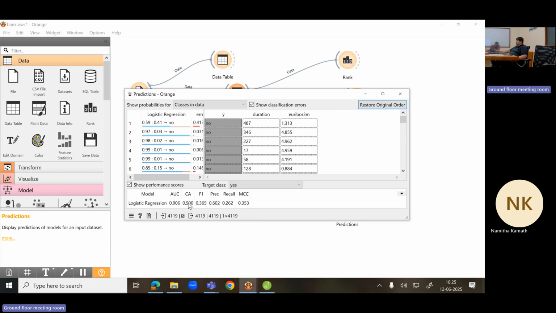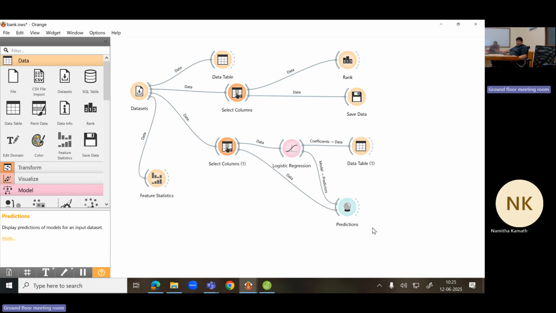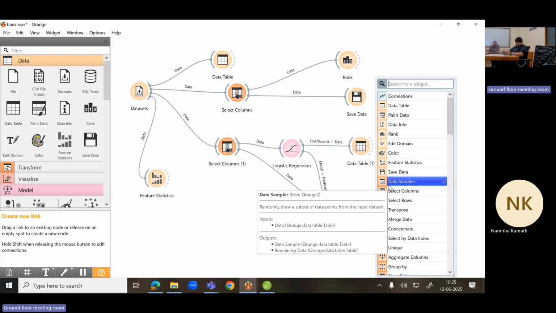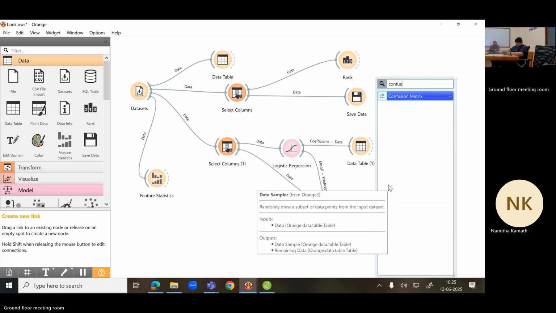That means it is 90% accurate. How does it assess that accuracy? What is this classification accuracy? Let me tell you like this. From predictions, you can go to something called the confusion matrix.